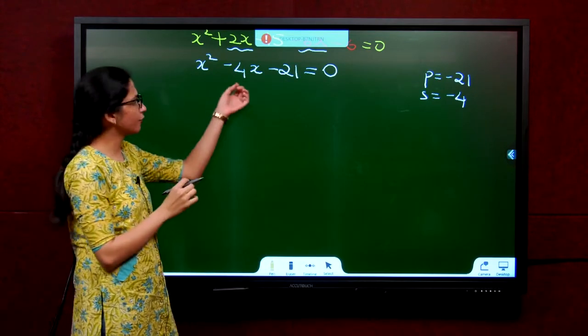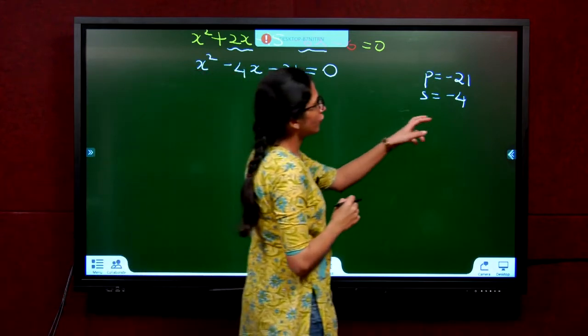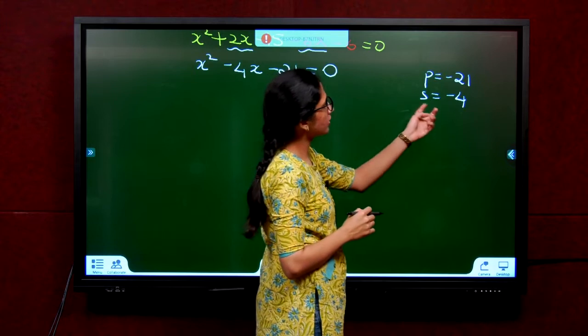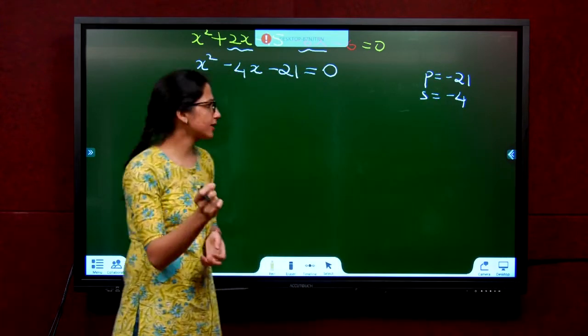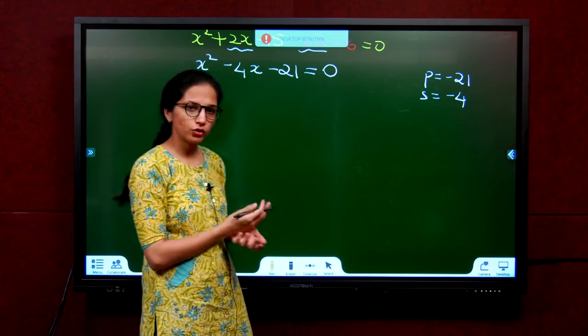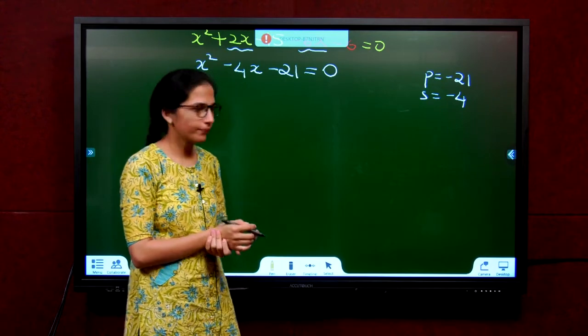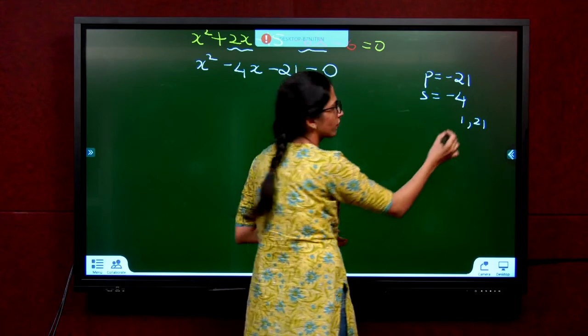If you are not able to find the correct split, please go for the formula technique. You have to find two numbers whose sum is minus 4 and product is minus 21. As soon as I say 21, what into what is 21? 1 into 21, 7 into 3.